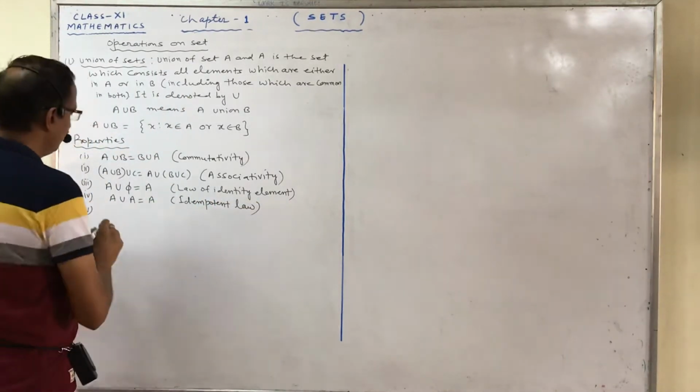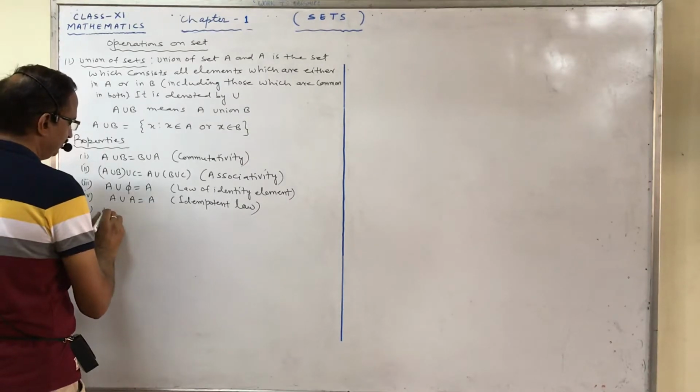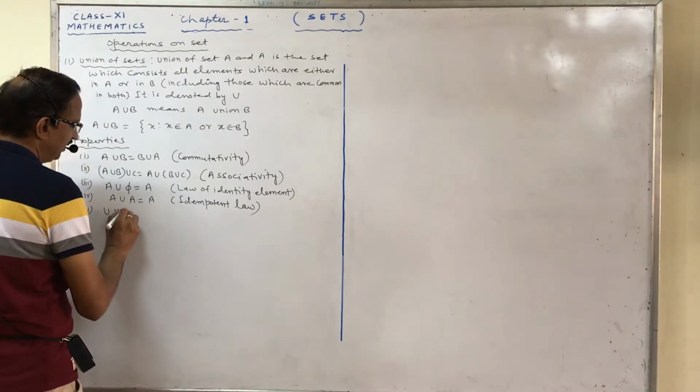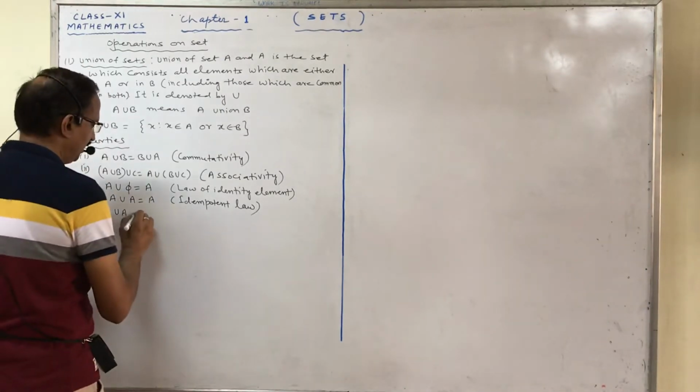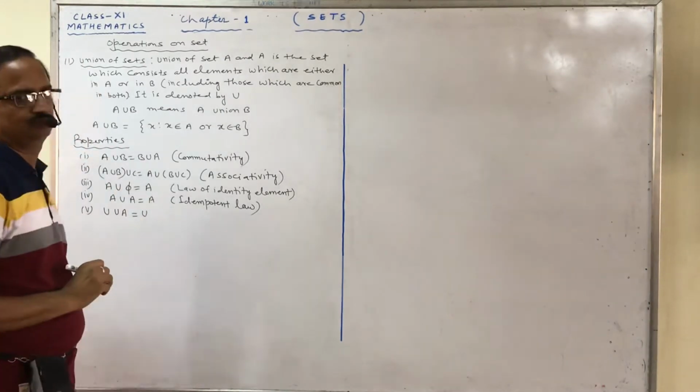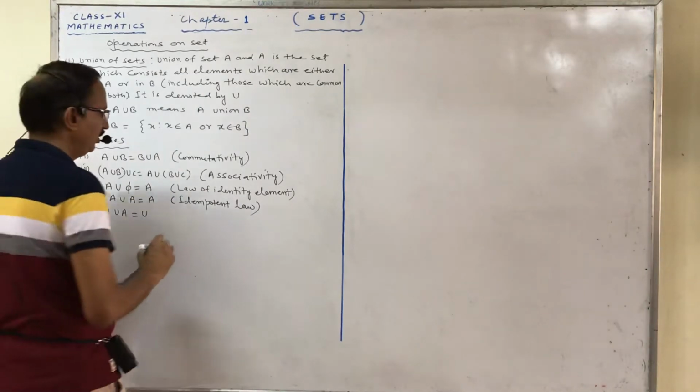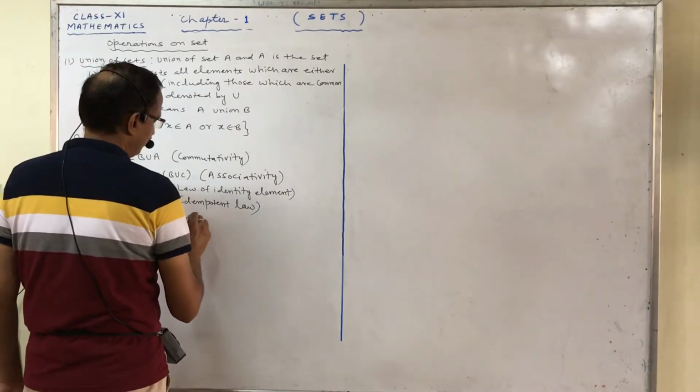Next, fifth property: union of universal set and set A is U. This is called law of U or universal set.